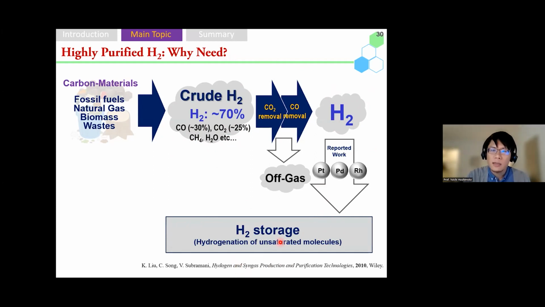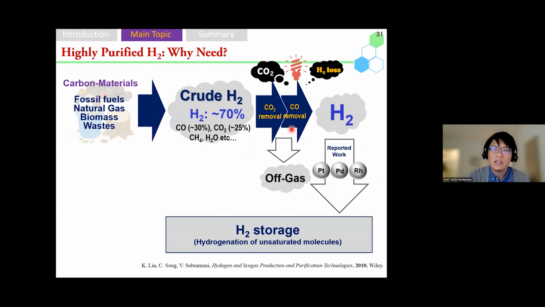However, in such hydrogenation reactions, we currently use transition metal catalysts, and these transition metals can be easily deactivated by those contaminants. So the H2 purification process is very important to prevent the deactivation of catalysts.